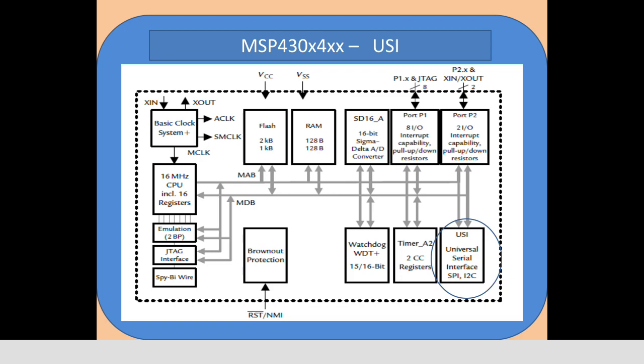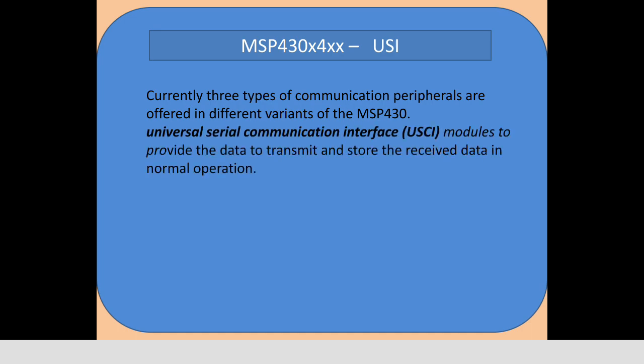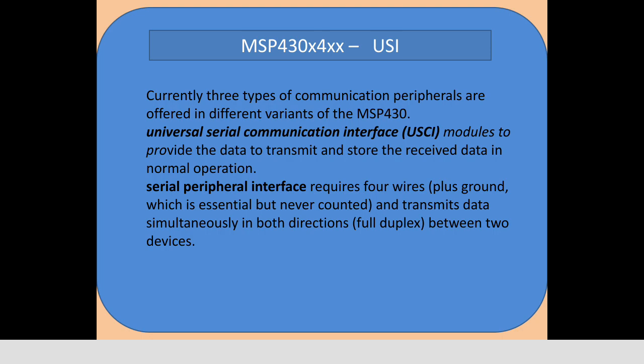And coming to the USI, that is Universal Serial Interfaces. Through this we have a chance to provide serial communication between the MSP430 and the external devices that are connected with the microcontroller.